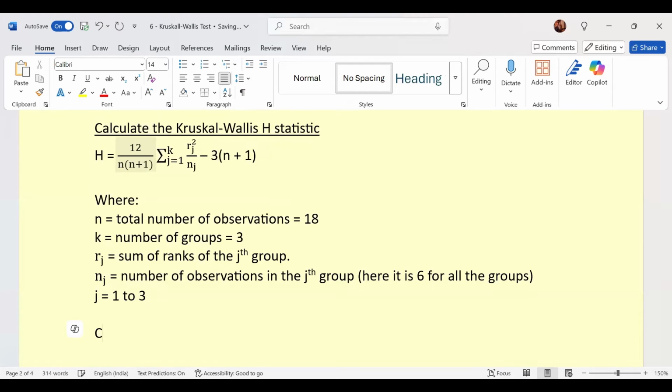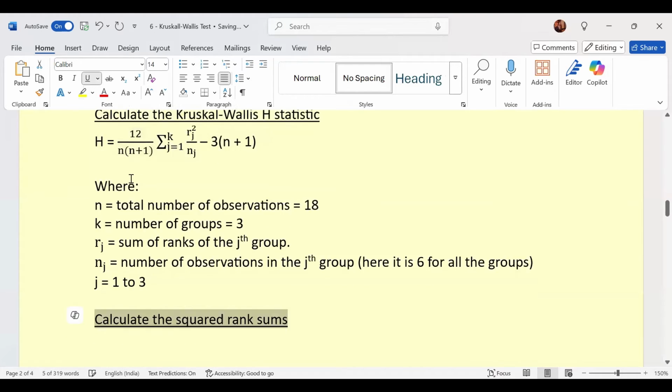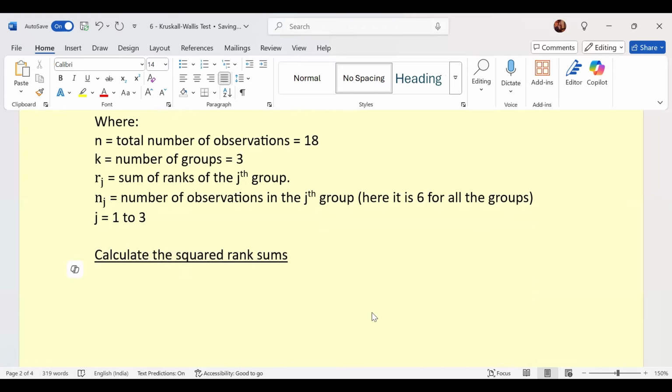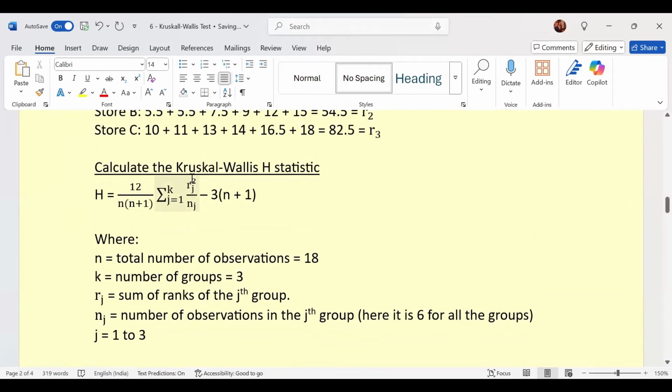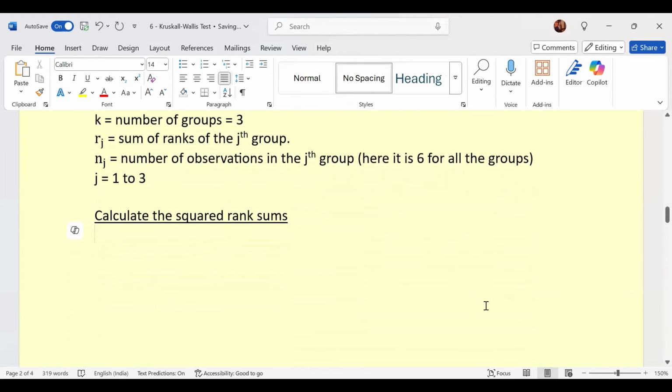Next is calculate the squared rank sums. That is the next step. So why are we doing this? Because here we have Rj squared.